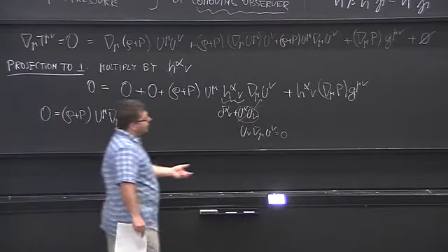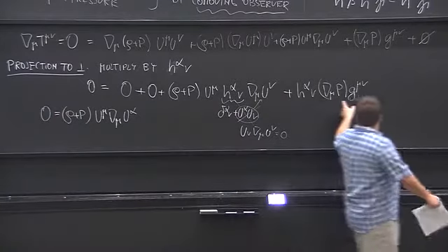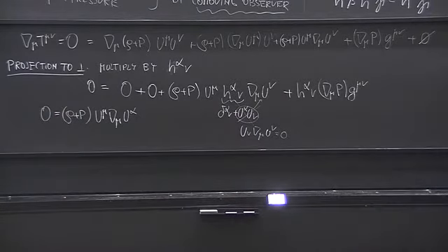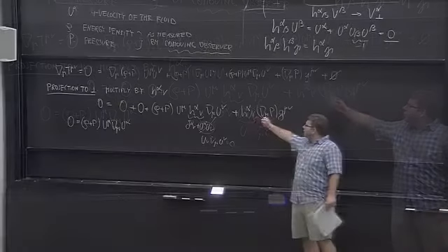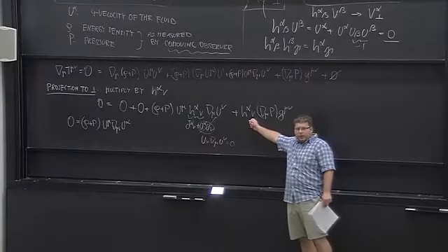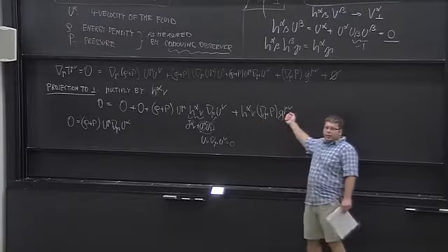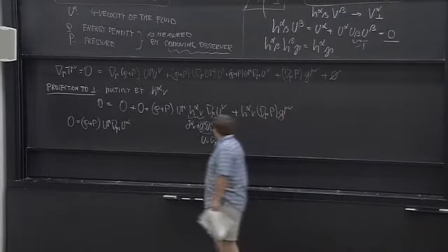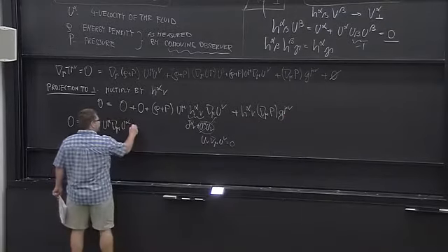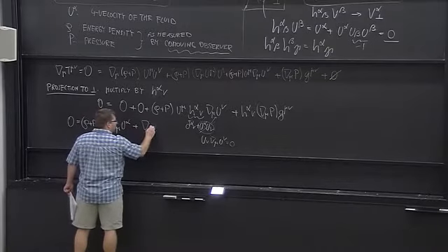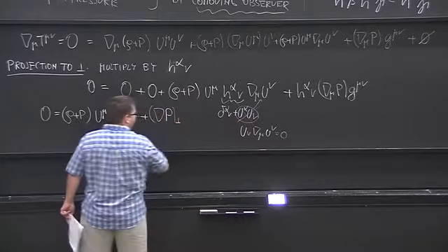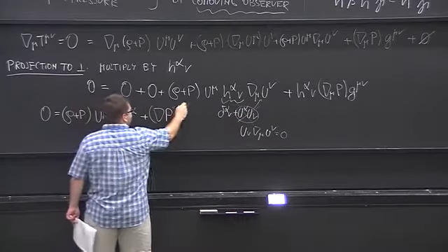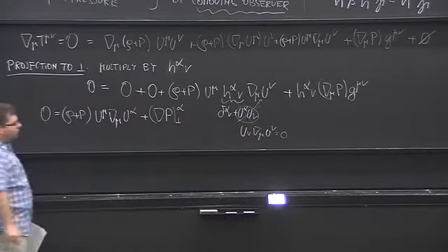And the second term, if you look at this thing here, this is just a gradient of p, of the pressure, but now projected to the perpendicular space. And this is just raising the index of that object. I could call this the gradient of the pressure, but you take its perpendicular part and you raise the index, and this is it.